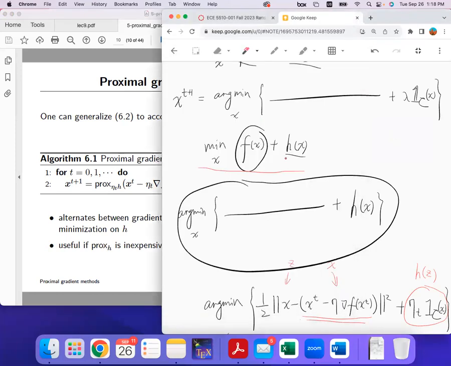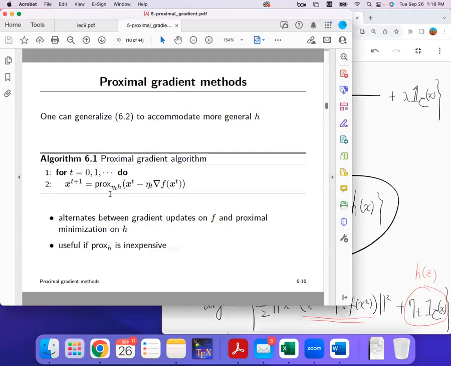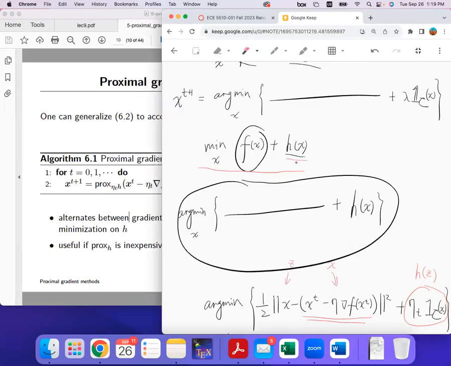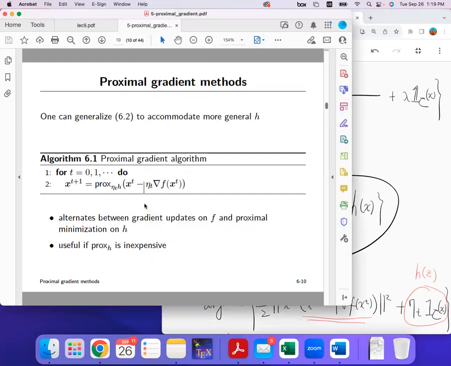And then how do we handle this possibly non-differentiable part? We further map it under this proximal operator associated with this function eta times h. So it is sort of a generalization of the projected gradient method, but now the projection is replaced by a more general proximal operation for functions.